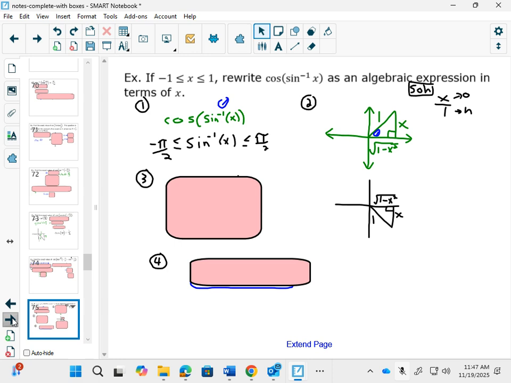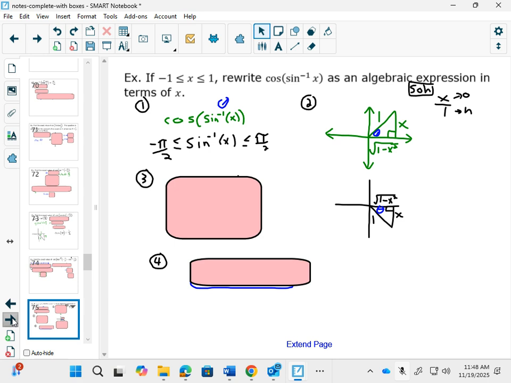So if cos of sine inverse is really cos of theta, and your theta is either in quadrant 1 or quadrant 4, what is cos of theta? Now I look at my triangles. Could I write what cos of theta is? Yes. In quadrant 1, would it be positive or negative? Obviously positive. What about quadrant 4? Also positive.